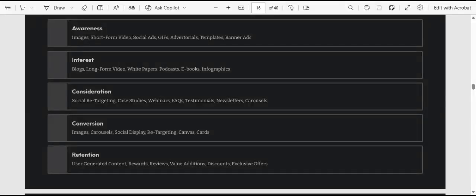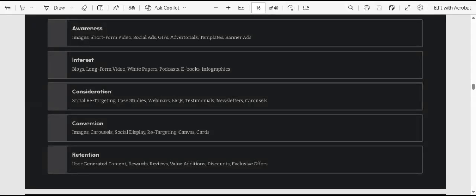Then, in terms of the conversion, we have images, carousel, social display, retargeting, canvas, and cards. These are very good content formats that can be used to target our audience in the conversion stage.